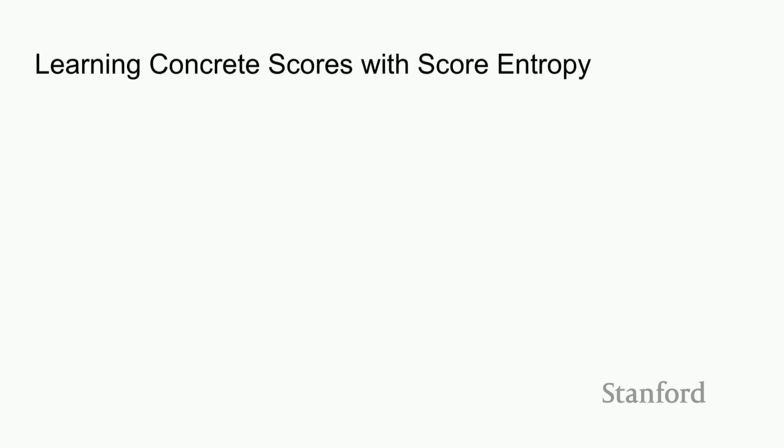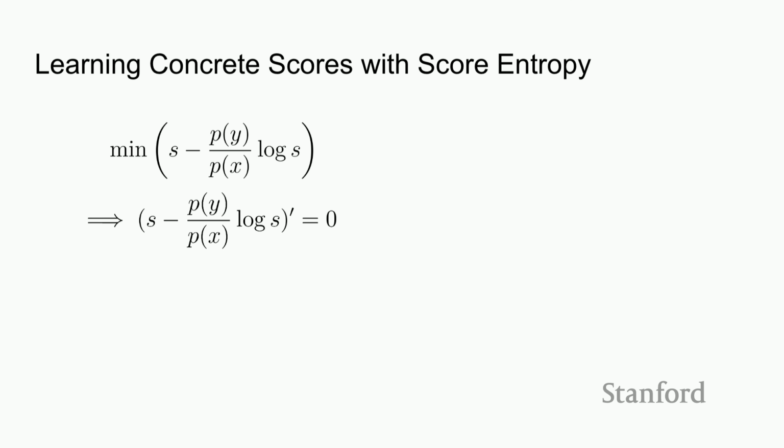You might not believe me, but this score entropy function actually does recover our ground truth. If we simplify our notation a bit, we want to minimize the following quantity. This quantity is minimized when we set the derivative to 0, and we get 1 minus py over px times 1 over s is equal to 0.